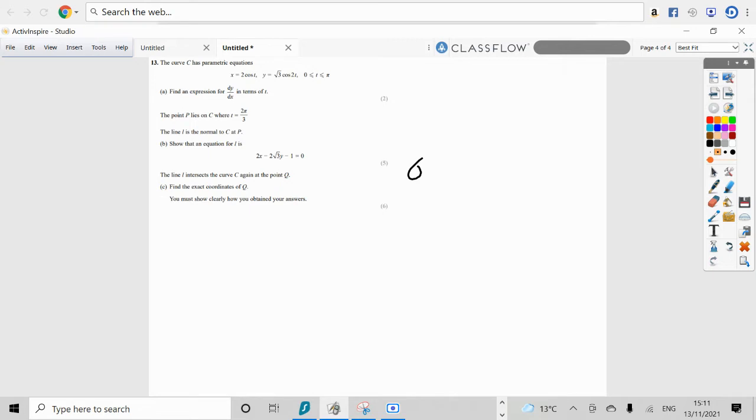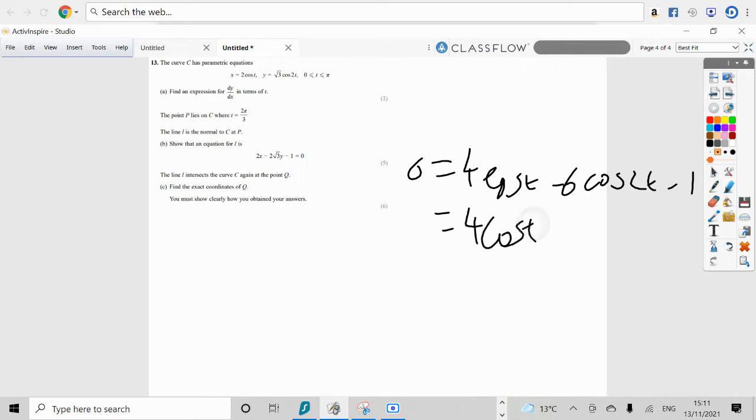So we'll substitute it in, we get 0 is 4 cosine of t, don't we? Now that'll be minus 6 cosine 2t, and I take away the 1. Now cosine 2t, we have a formula for, cos squared minus sine squared, substituting in the sine squared, or the cos squared, will get you into the other rearrangement using sine squared plus cos squared is 1. So we get 4 cosine of t minus 6 lots.